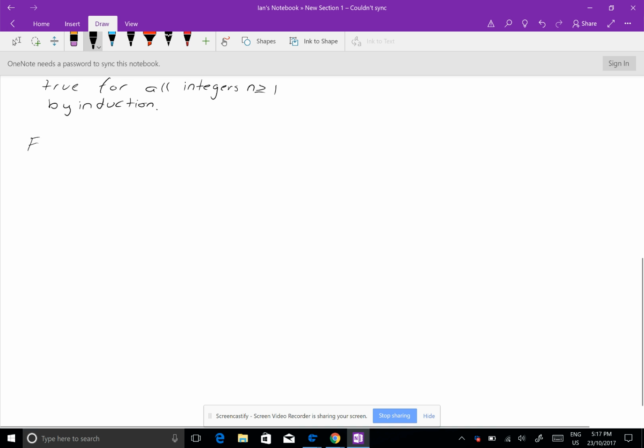So example 2, which is 3 to the 2n minus 1 is divisible by 8. Step number 1.